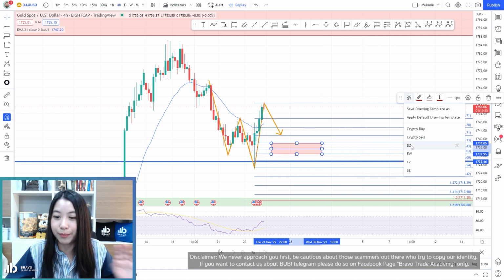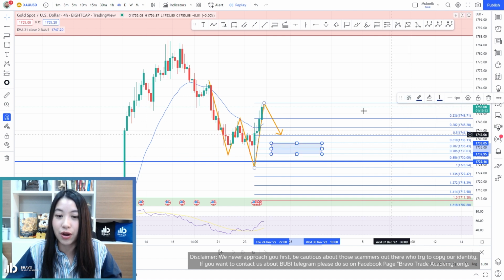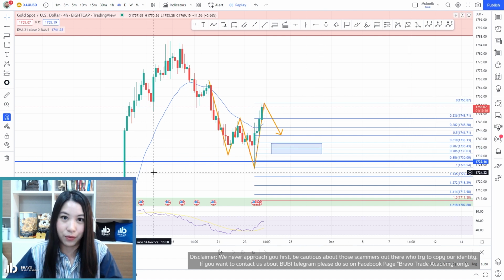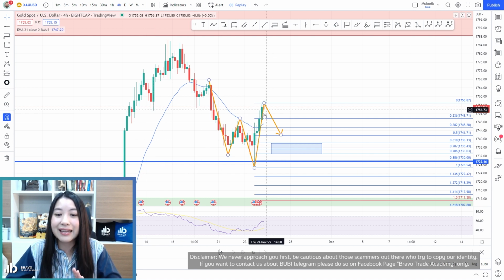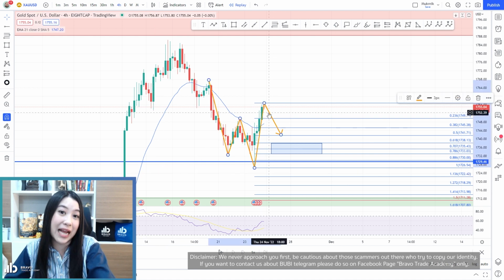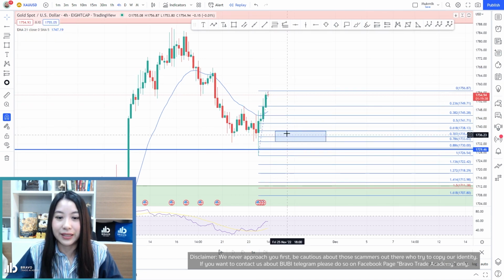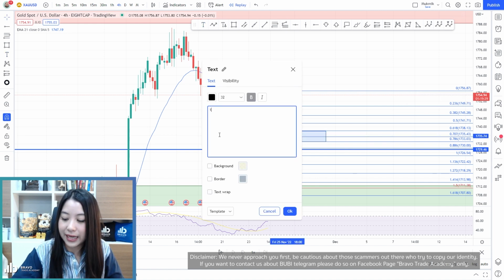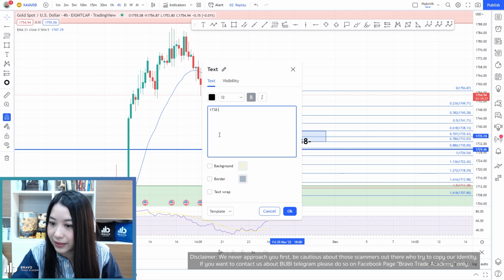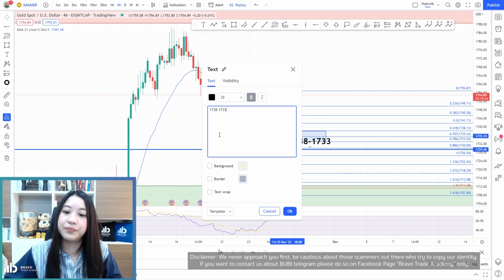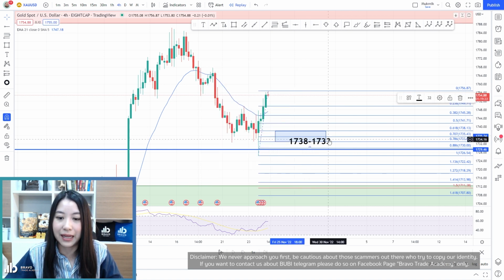Same reasons from the previous video, because we do not have any demand zone on the left hand side. Okay, so it's just the supports, and I wouldn't trust the supports as the zone. Okay, so please reduce your risks if you want to enter at this point. Okay, so that's going to be at 1738 to 1733. That's the first buying plan.